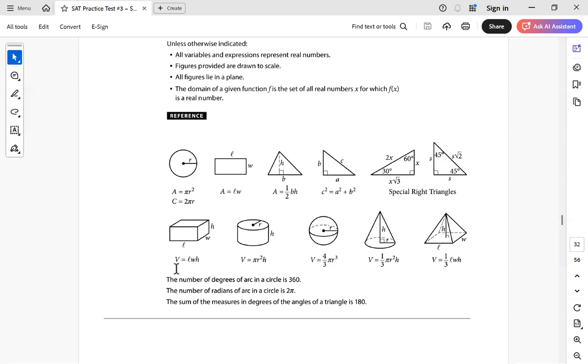I'm saying that the volume of a cube is just length times width times height, but in the case of a cube, length, width, and height are all the same. So we're looking at this picture here. Volume is length, width, height, which in a cube are all the same.